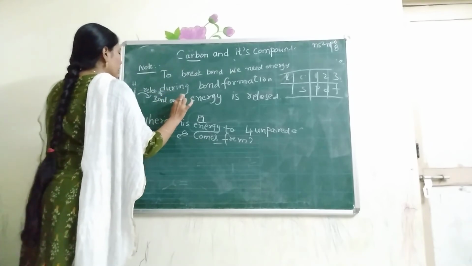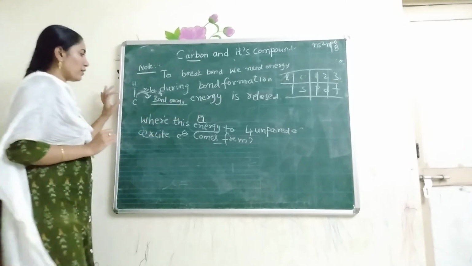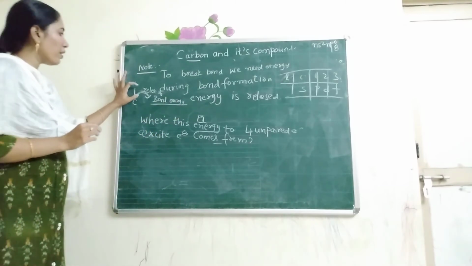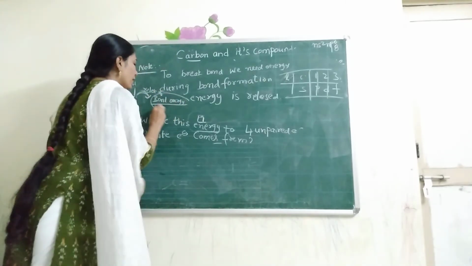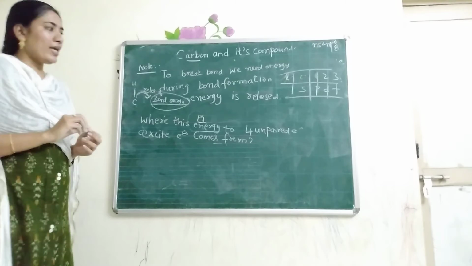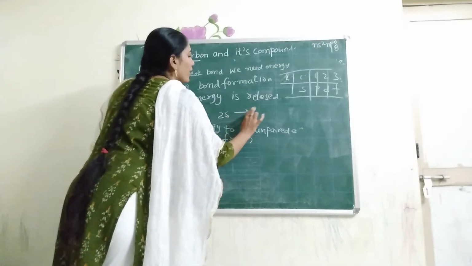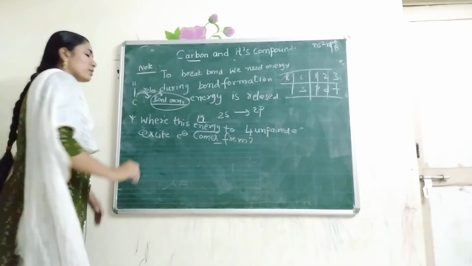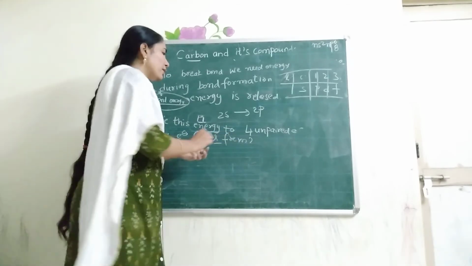Here the bond between the carbon and hydrogen is forming, so the bond energy is released here. This bond energy is used to excite an electron from 2s to 2p orbitals. This is the answer to this question, where the energy to excite electrons comes from.